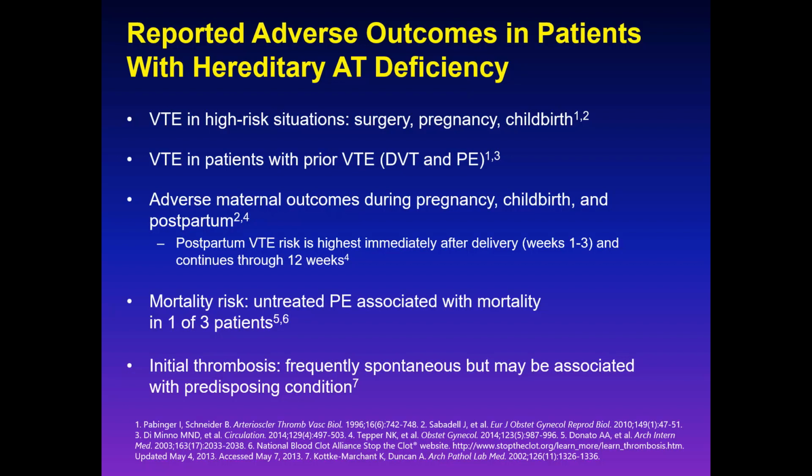It's very true that the initial thrombosis or thrombotic event happens spontaneously, but certainly it could be related to a provoking factor. If I recall the first patient I treated that had hereditary antithrombin deficiency, his first DVT was, relatively speaking, unprovoked.